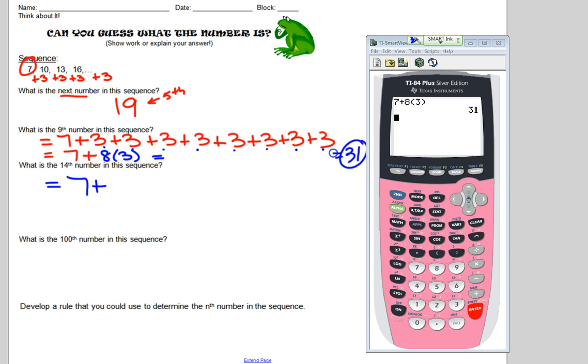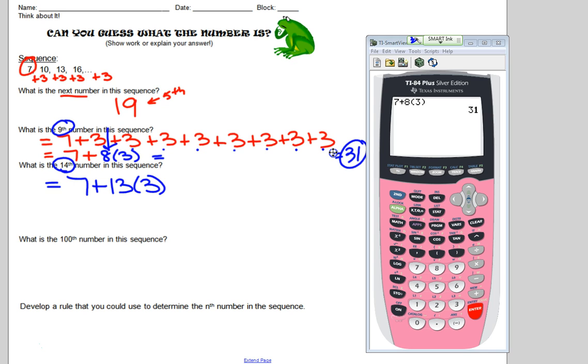I know I'm going to add 3, and how many 3s am I going to add to get to the 14th? Well, when we did our 9th, we only added 8 numbers. So to get to our 14th, we actually only need to add 13 3s. And the reason it's 1 less is because the first number did not need a 3 to be added to get it.